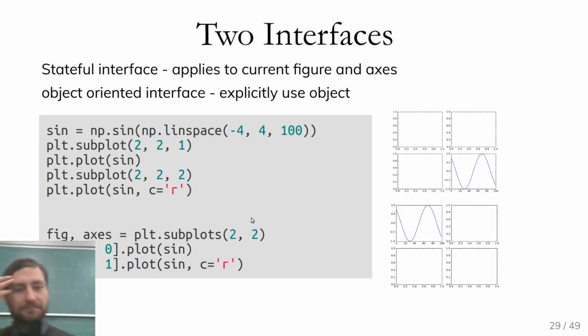So there's really two kinds of interfaces. One is this MATLAB-inspired one, and the other one is object-oriented. And some of the commands are more for the MATLAB-inspired one, and some are more for the object-oriented one. In the MATLAB-inspired one, you always plot in the current axes. So at the top here, wait, is it missing something?